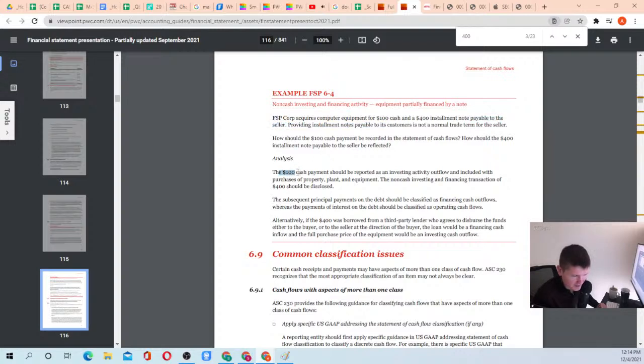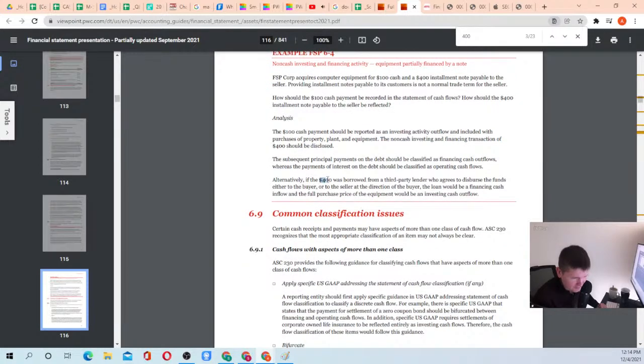In that case, $100 will be a cash payment and $400 will be a non-cash investing activity. Alternatively, if $400 was borrowed from a third-party lender who agrees to distribute the funds either to the buyer or to the seller, the loan would be a financing cash inflow and the full purchase price of the equipment would be an investing cash flow.